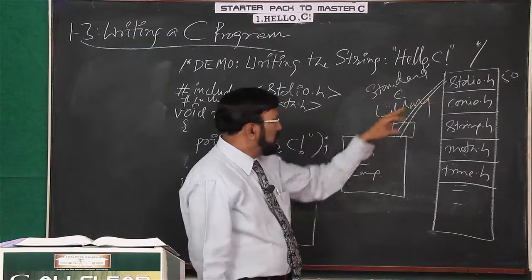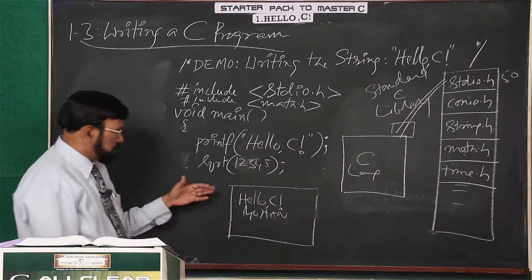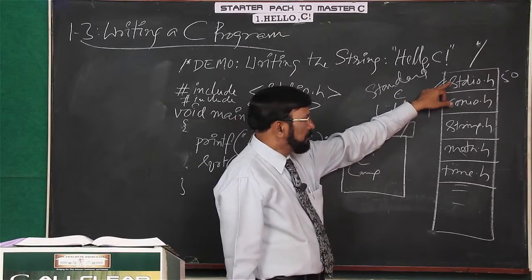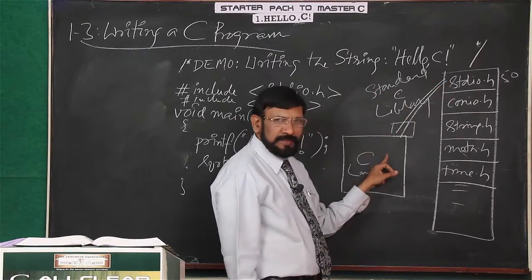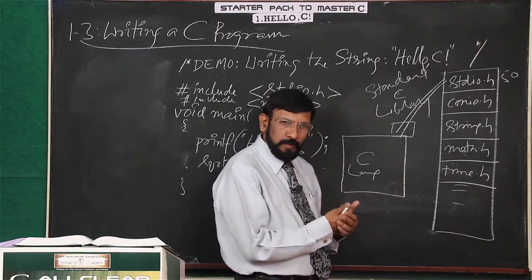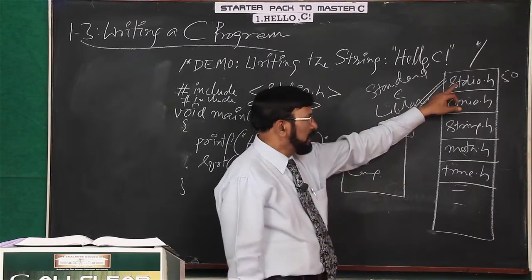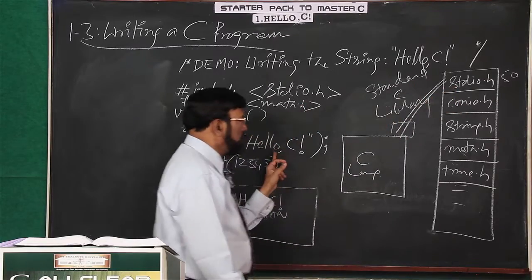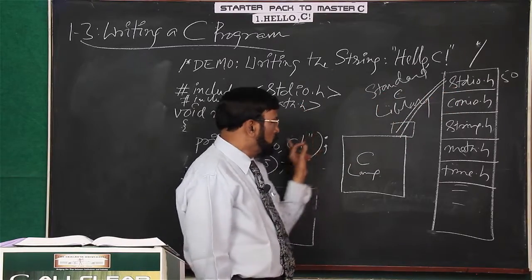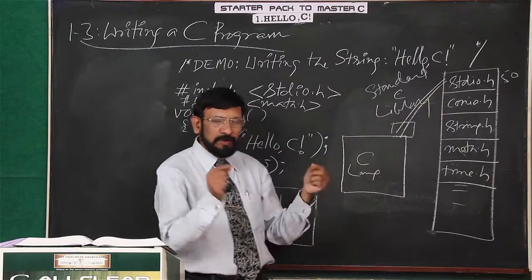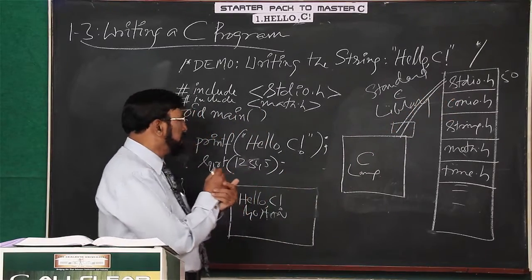So whenever this program is compiled, this library is included in our program. It will be part of our program. This process is called linking. So the library is here, your program is here, and your program is linked with the library, and that process is called linking.